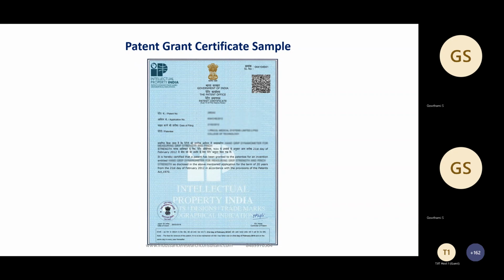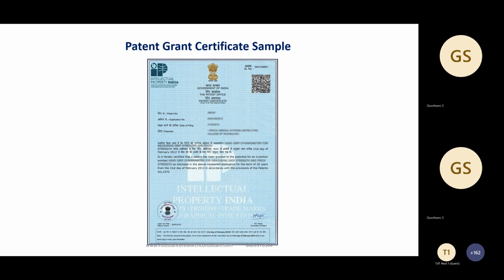Okay, we have a very interesting question: examination, in which way will it be done? Examination means whatever complete specification we have filed will be analyzed, like your journal document goes for review. In the same way, it will be reviewed by the examiners. Examiners are not lawyers. They are technical persons, scientific advisors hired by the patent office.